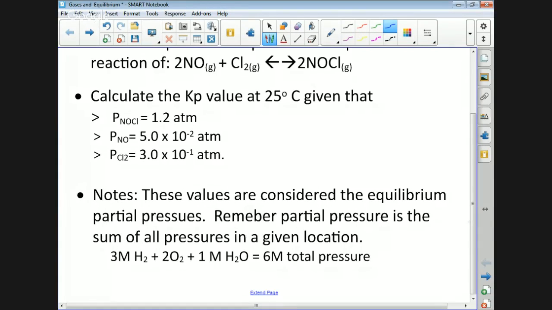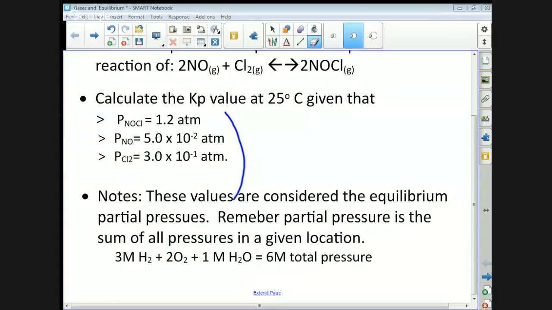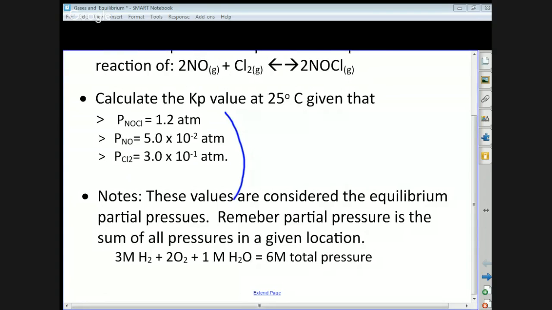One thing I want to make sure you're careful with is that these here are my partial pressures.